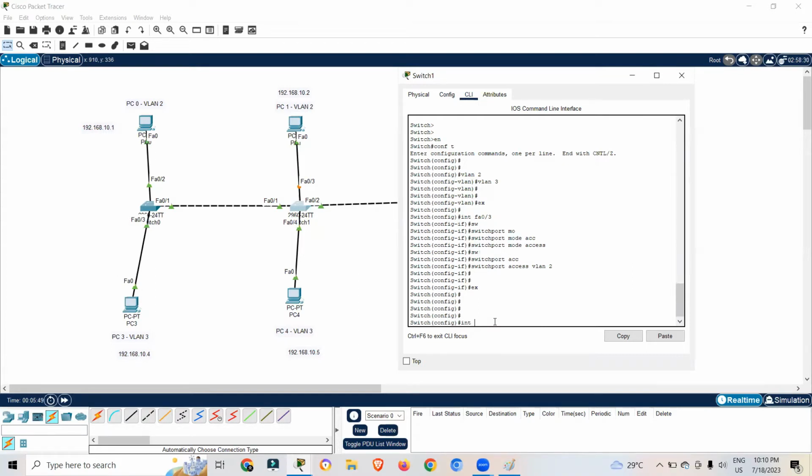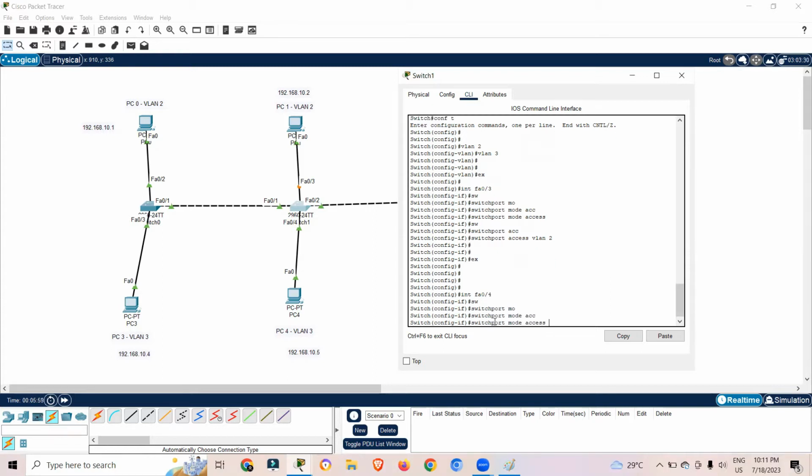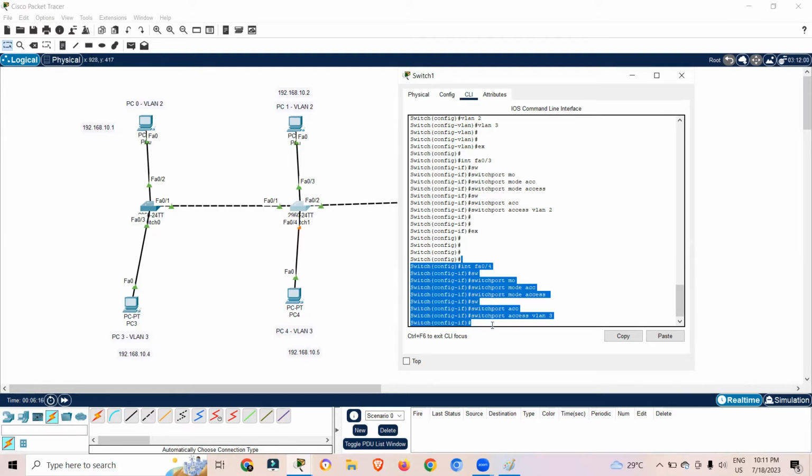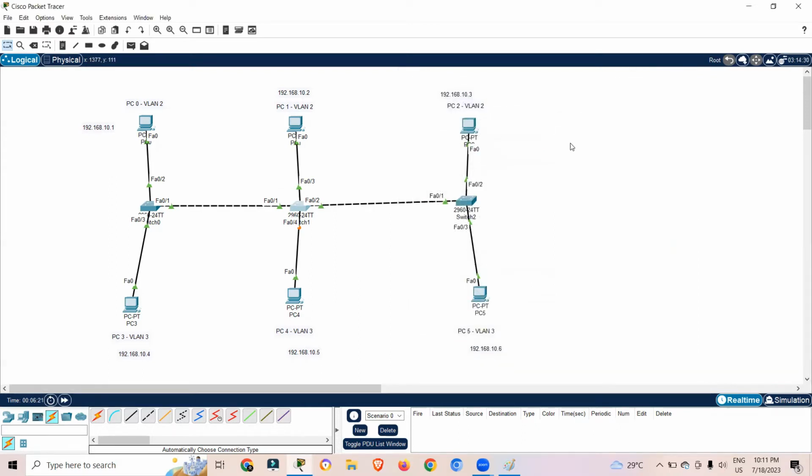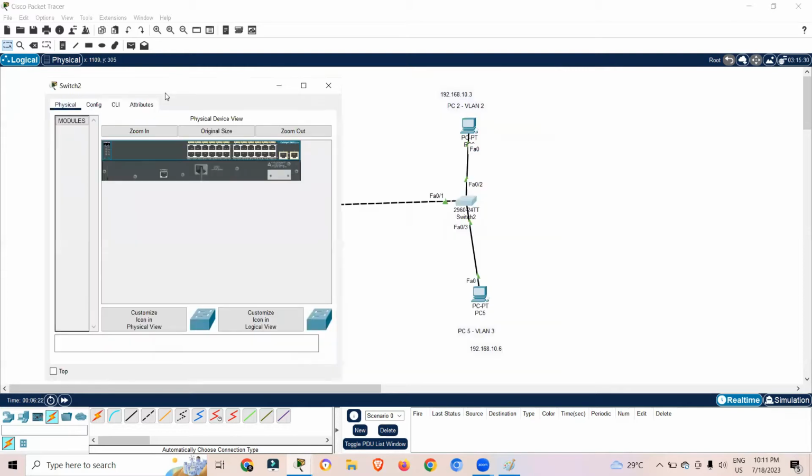Now I will select the next interface, FA0/4. Switchport mode access, switchport access vlan 3. Perfect. Now this PC is part of VLAN 3, because it is connected to FA0/4, which is a member of VLAN 3. That is why. Exit.